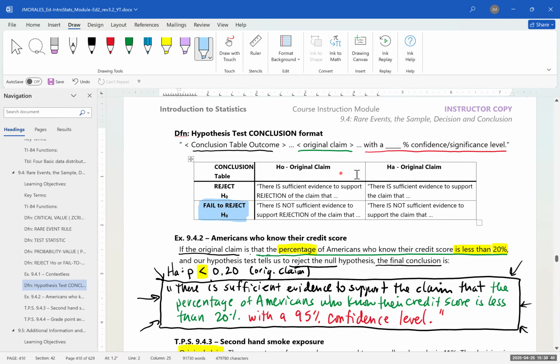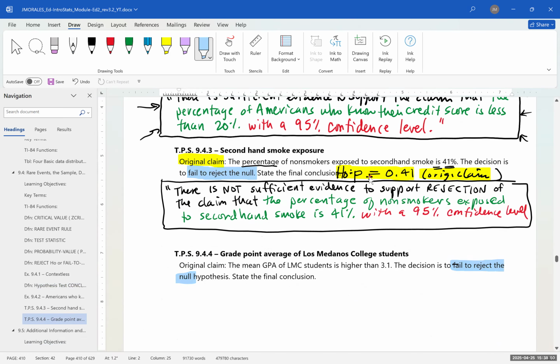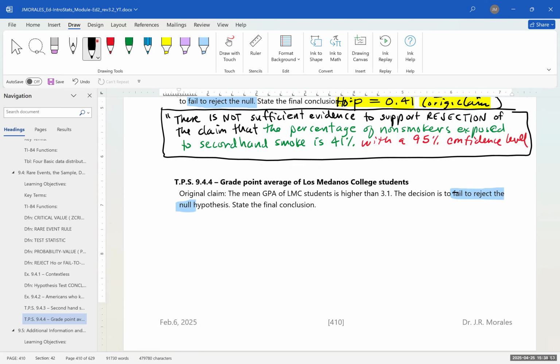So now we have to figure out which was our original claim, the null or the alternate. So our original claim was that the mean grade point average is higher than, so that would be greater than 3.1. I should have given myself a little more room. So the mean grade point average is greater than 3.1.